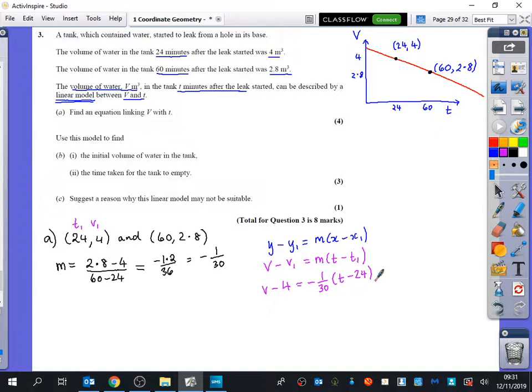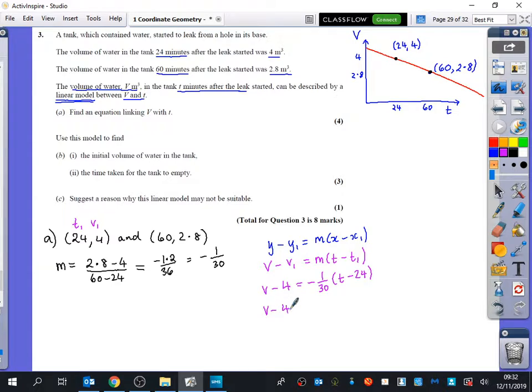Technically, that is the answer to the question. Remember how I said, unless it says make v the subject or whatever, this is technically the answer. If you were in a mad rush and you were just like, I have to be finished, then that's fine. But we're going to just make it look in the more familiar form, just so that it makes a bit more sense. So I'm going to just expand the brackets, because I think it might be useful to have v as the subject here, so that we get a direct relationship of what the volume is equal to.